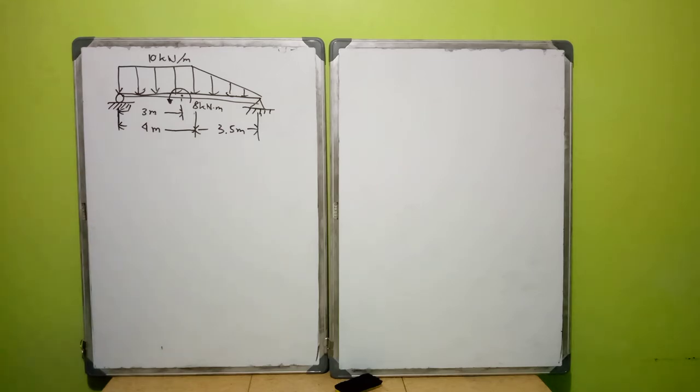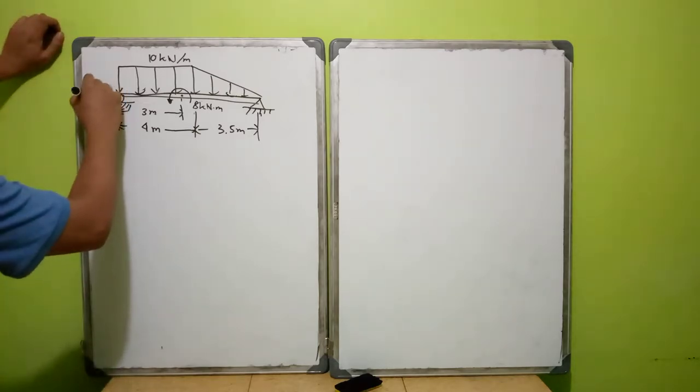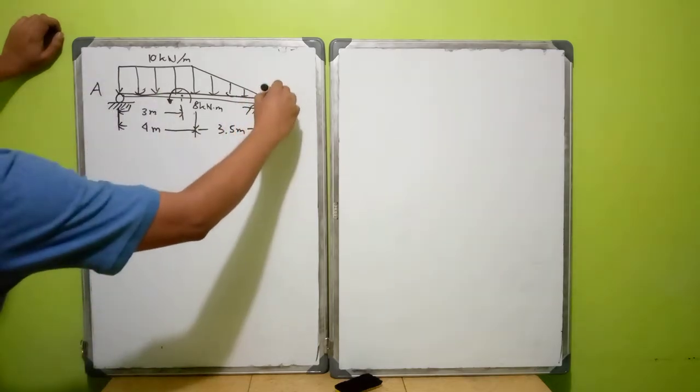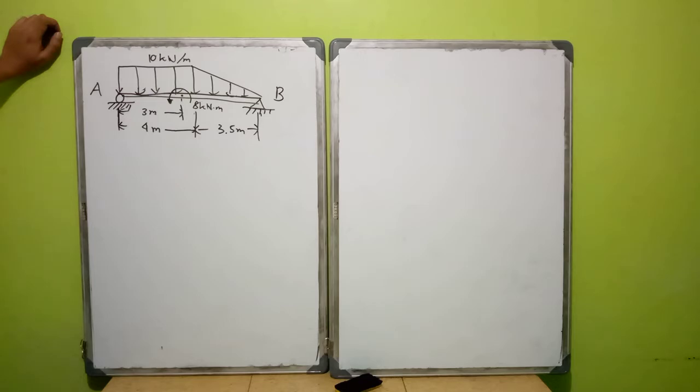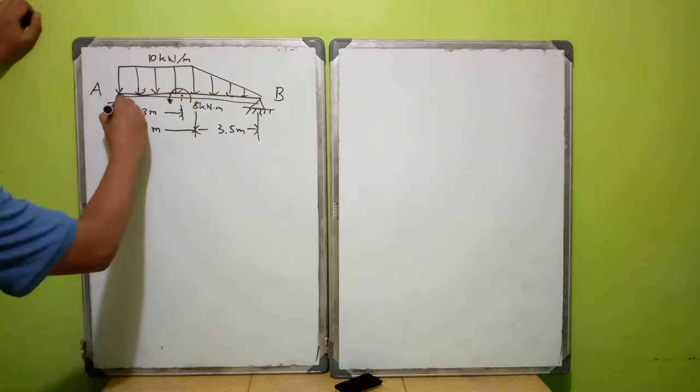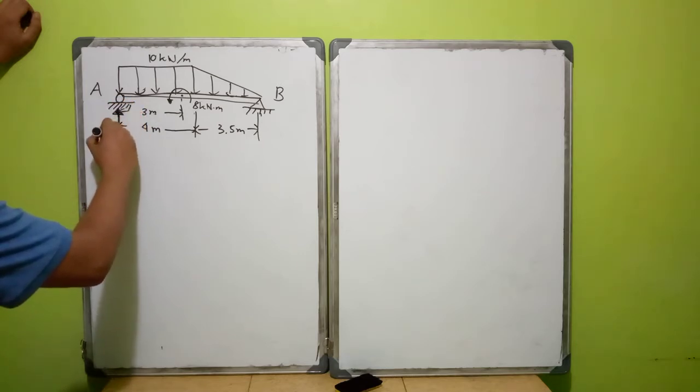So without further ado, I will try solving this one. Let us say this is A and this is B. This roller support has a reaction, let us say AY.